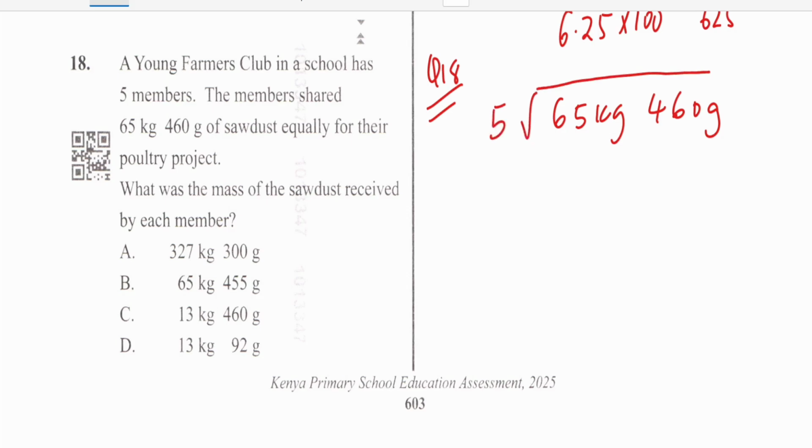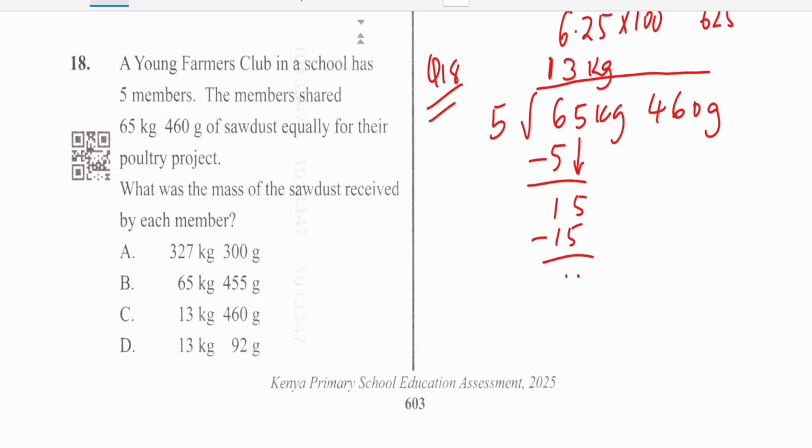So 5 goes into 6 one time, giving you 5, and a remainder of 1. Drop the 5 because 5 cannot go into 1 only. So 5 goes into 15 3 times, minus 15, exact value 13 kg.